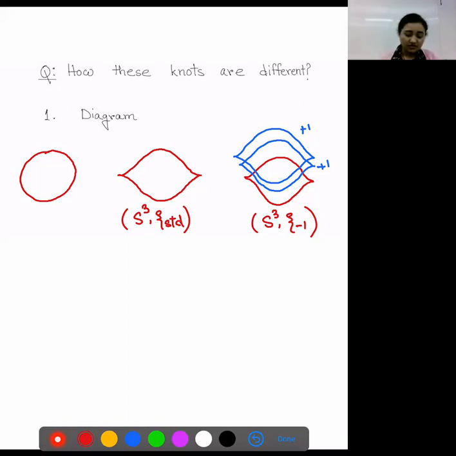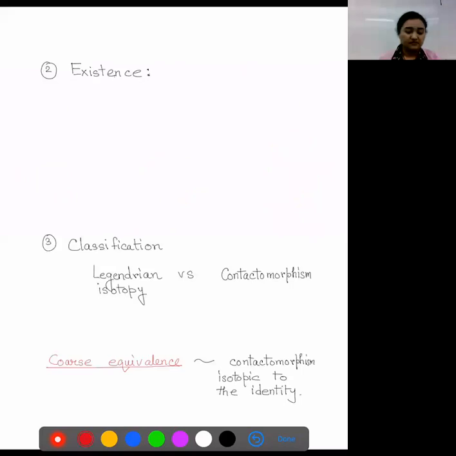Okay. Next is existence. First of all, in every contact manifold, we can find a non-loose knot, but we do not know if every knot type has a non-loose representative. So that's an open question. If in S3 every knot has a non-loose representative, we don't know yet.